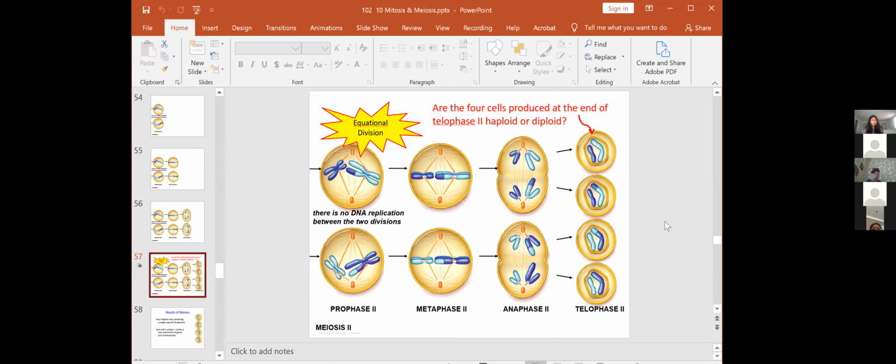So how much genetic information you have matters. And we'll get to that in the genetic section in things like trisomy 21 or Down syndrome.